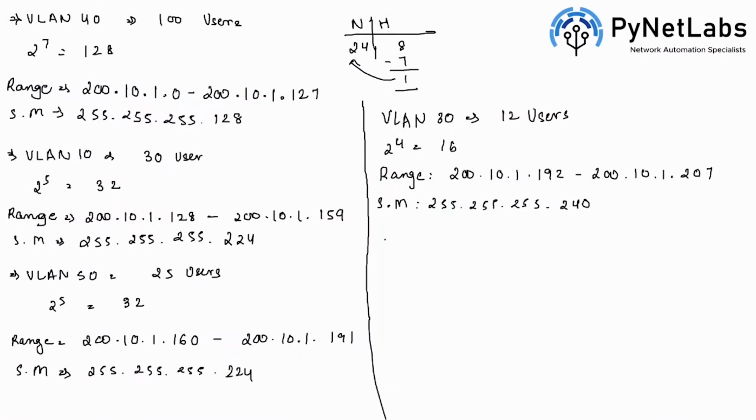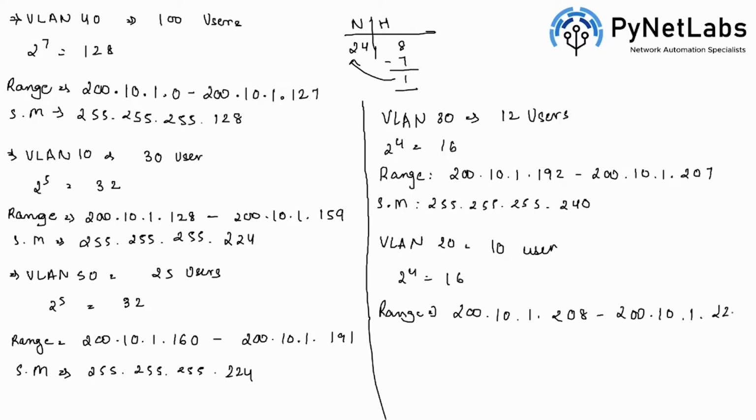60. So let's calculate it for VLAN 20 first of all. VLAN 20 requires 10 users. Again, 2 raised to the power 4 is equal to 16 will be used. The range is going to be starting from 200.10.1.208 and will end at 200.10.1.224.